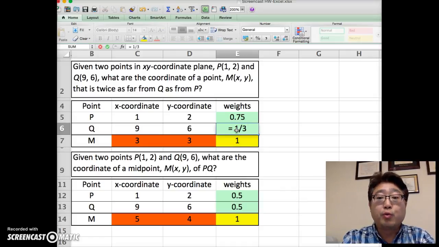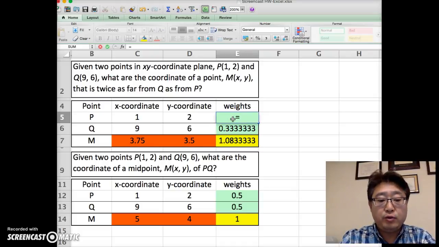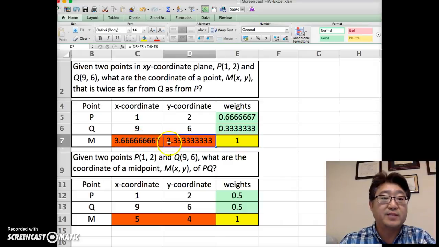Again, Q is a weaker planet because point M is closer to P, so we use 1/3 for Q and 2/3 for P. Again, the weights add up to 1, and here we go. Of course, we get decimals, but if you use fractional notation, the x-coordinate of point M should be 3 and 2/3, and the y-coordinate of the point M should be 3 and 1/3.